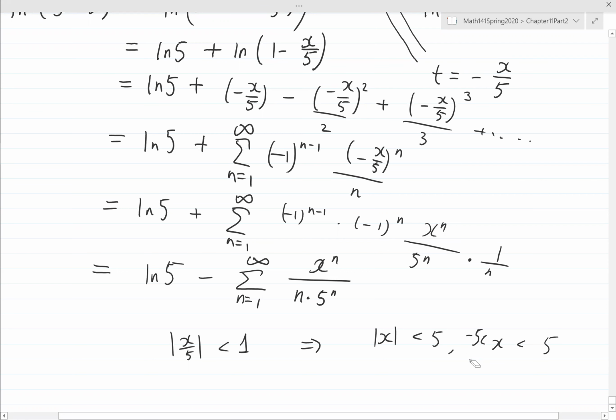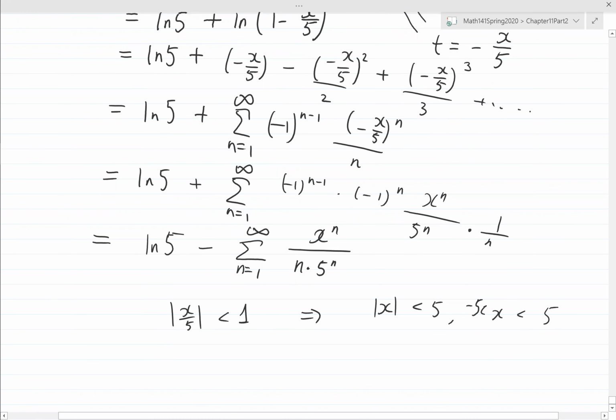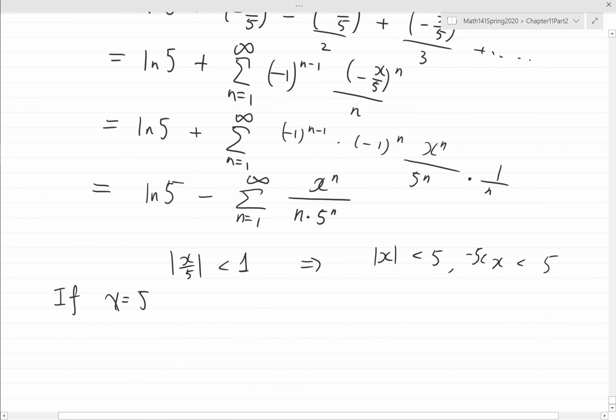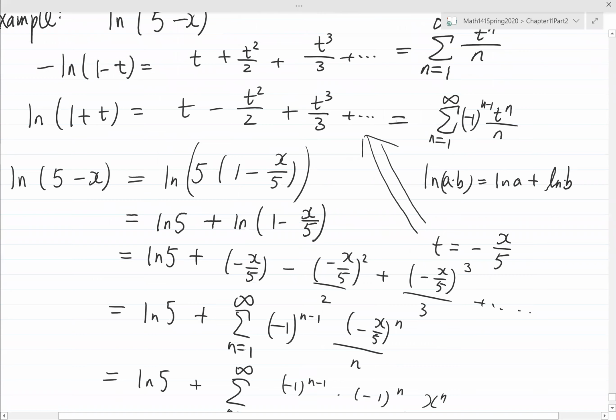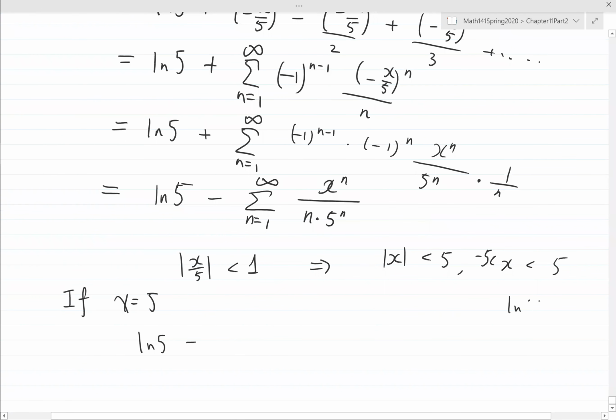Now we also need to check what happens at the boundary. If x is 5, the function ln(5 minus x) is undefined at 5. As x approaches 5, it can be arbitrarily large negative. If you still plug 5 into the power series, you get ln 5 minus the sum from n equals 1 to infinity, where 5 to the power n cancels 5 to the power n over n times 5 to the power n.